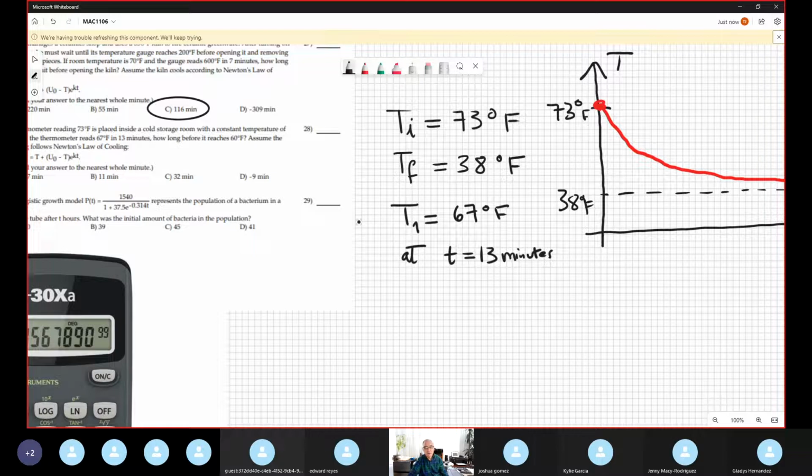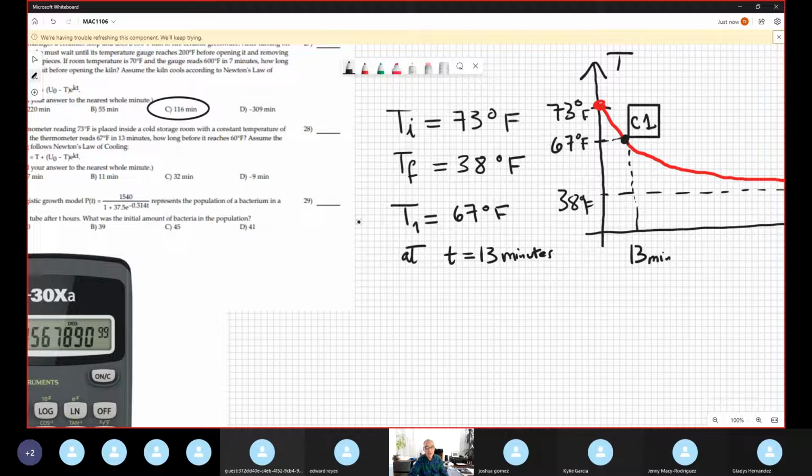Okay, this is 67, I suppose, here. This is a rough sketch to have only a physical idea. And this time is 13 minutes. This is condition 1 that helps me to find the k value.